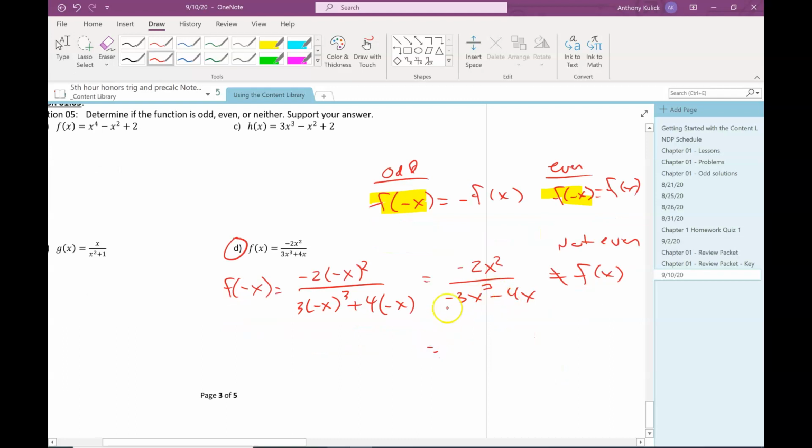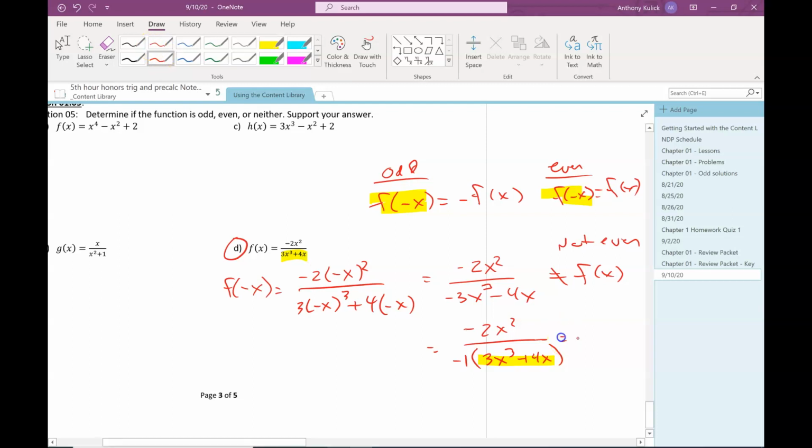So I notice the numerator is the same, so I'm going to worry about the denominator. If I look at the denominator, I can try to factor a negative 1 out of there. I notice that this is now the same.